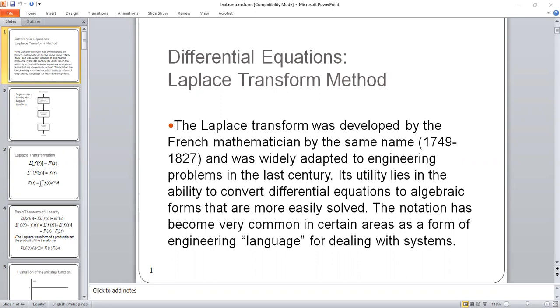Once our DE, I will share to you the formula later for the Laplace transform of derivatives, where you can apply to differential equations, you will process the said equation using algebra.